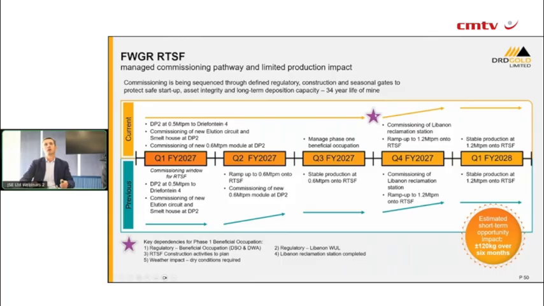But eventually, starting in this period here, after Q4 of 2027, we intend to then ramp up to 1.2 million tons per month. And this is to ensure that we do not compromise the RTSF facility and making sure that it's constructed in a responsible manner.